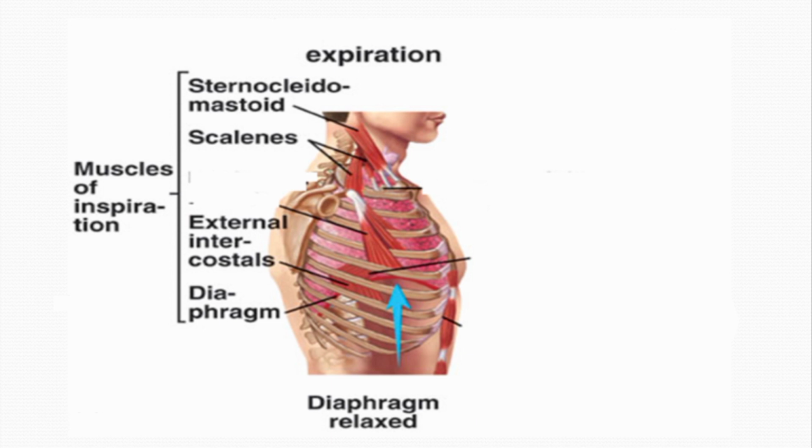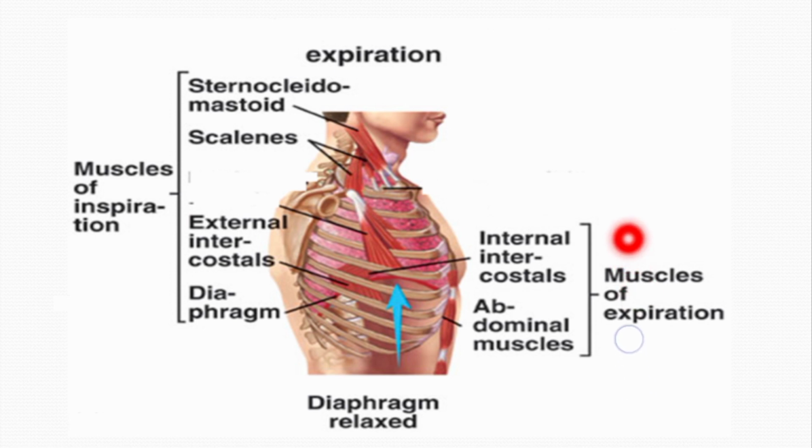Due to the recoil, the pressure inside the lungs, that is alveolar pressure, rises above the atmospheric pressure. It becomes about plus 1 centimeter of water, as we have seen in the previous slides. Due to that, the air faces a gradient and moves from the lungs to the outside. So, this was about the process of expiration.